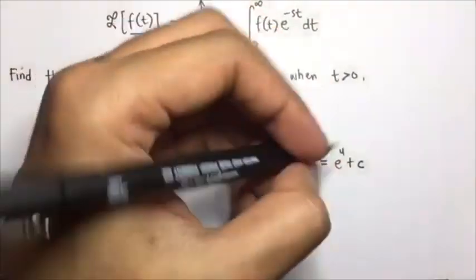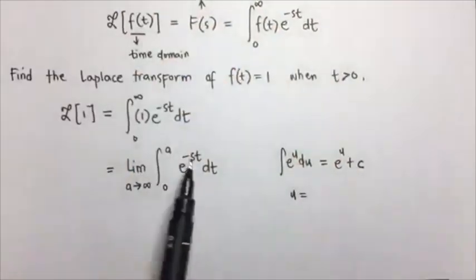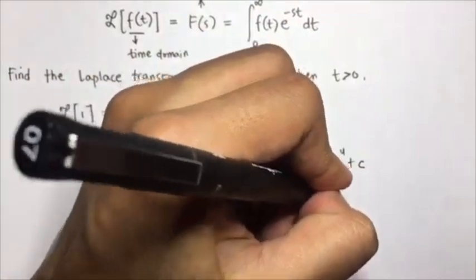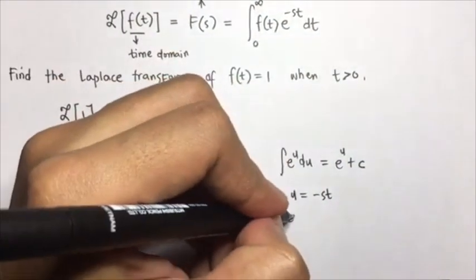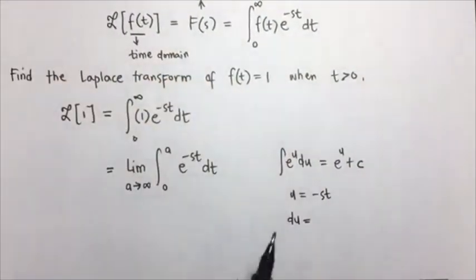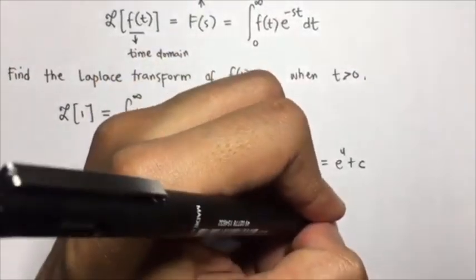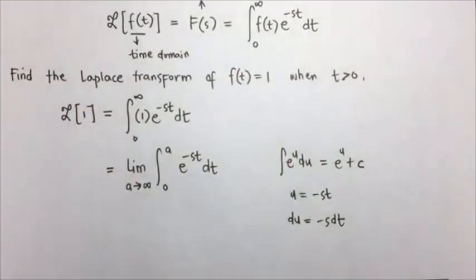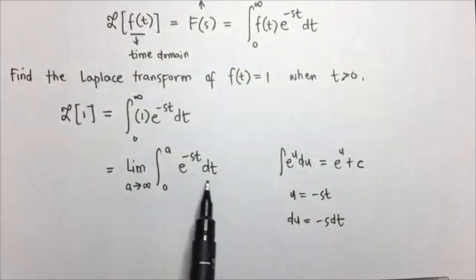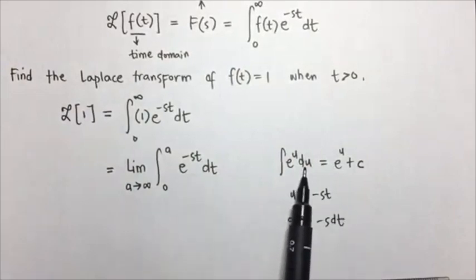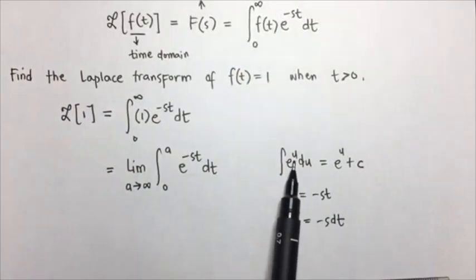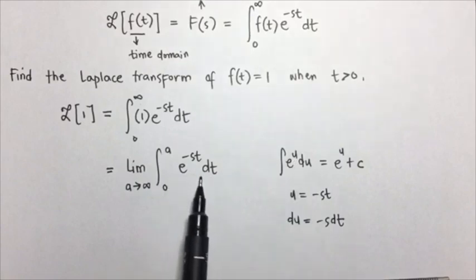In this case our u is negative st, and our du must be negative s dt. As you can see, for us to apply this formula, the du should be the complete differential of u.